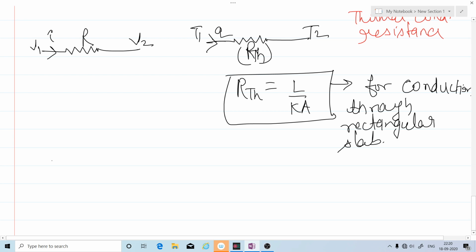If we want to calculate the current, V1 minus V2 upon R is the formula.